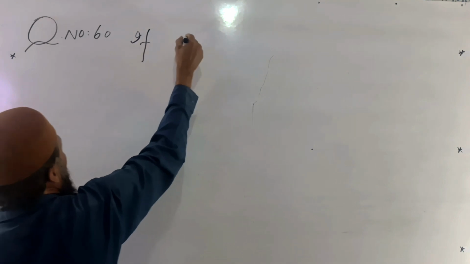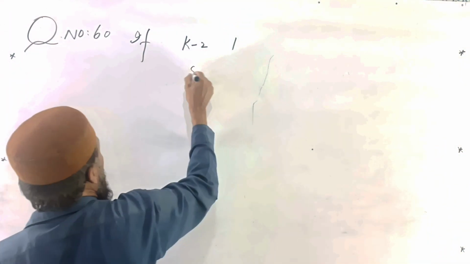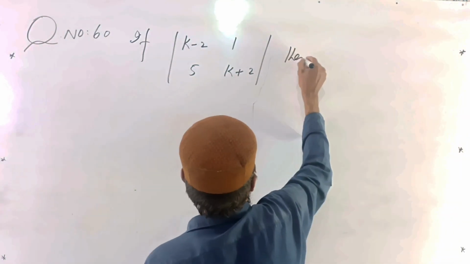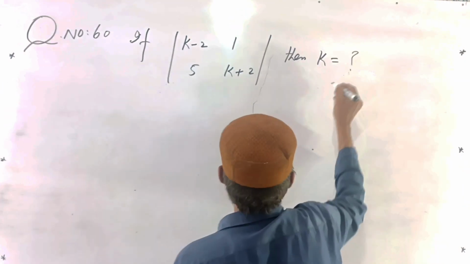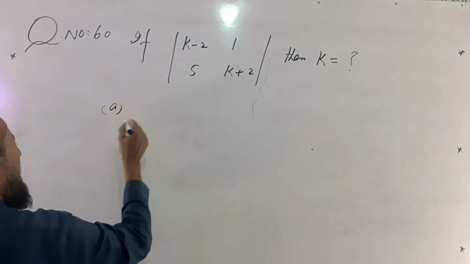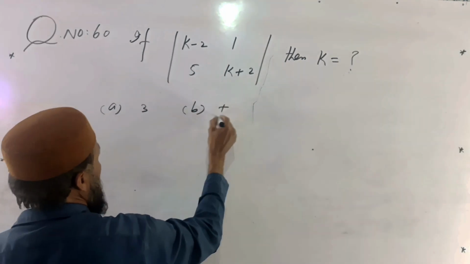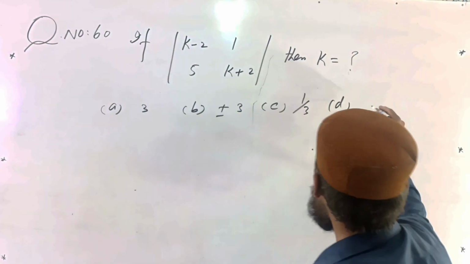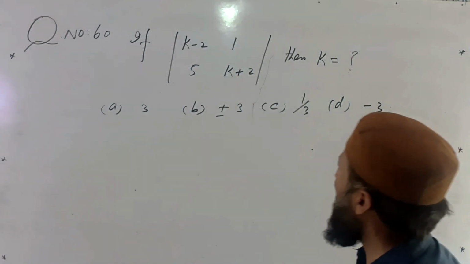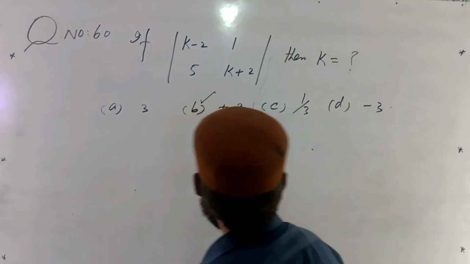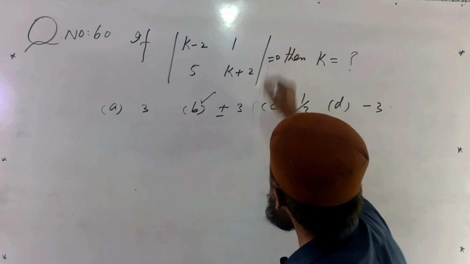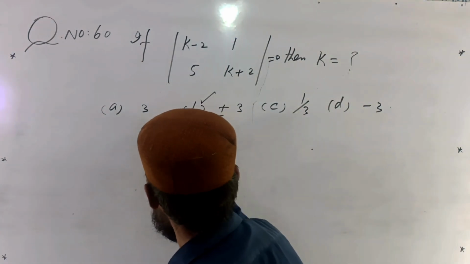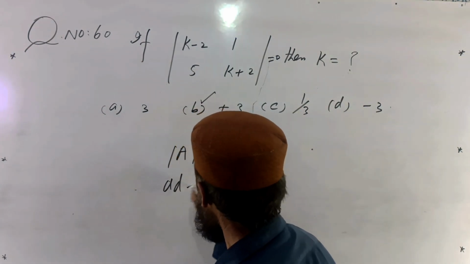The matrix is k minus 2, 1 and 5, k plus 2. Then what is the value of k, if it is a singular matrix? The options are: A, k is equal to 3; B, k is equal to plus minus 3; C, k is equal to 1 by 3; and D, k is equal to minus 3. The determinant is equal to 0, since it is a singular matrix. Use the formula AD minus BC.